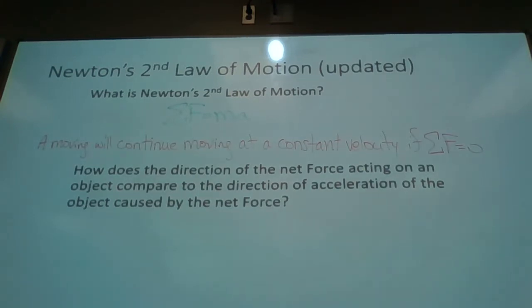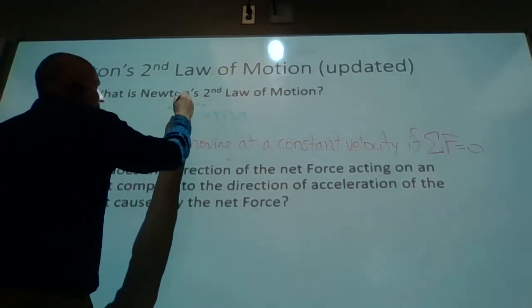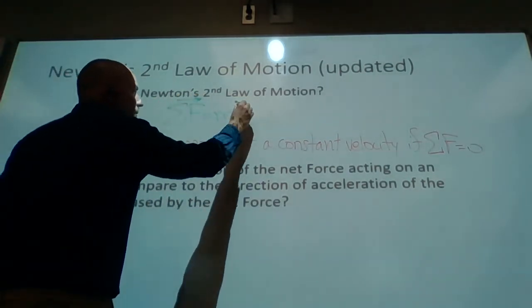And so you know how we talked about how force determines the direction of acceleration. Whatever the direction of the force is, that's the same direction as acceleration. That's if there's only one force acting on it. If there's multiple forces acting on it, then the direction of acceleration is the same direction as the total force.